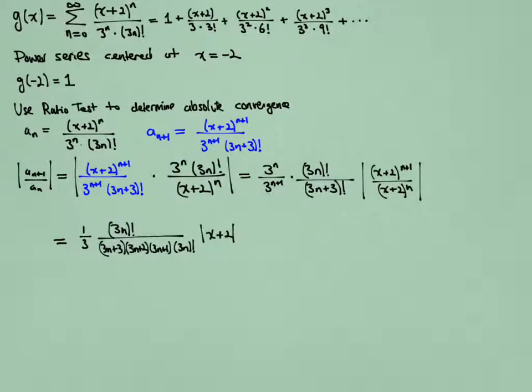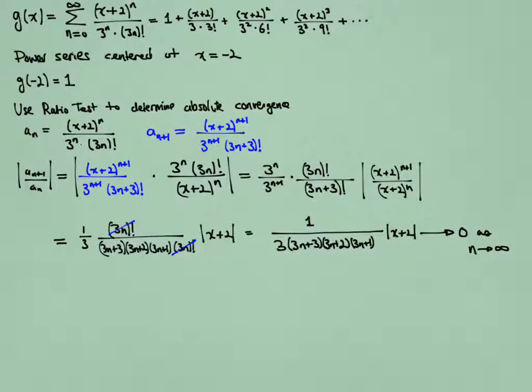And then I cancel the powers of x, and I'll have |x + 2| in absolute value. I must preserve the absolute value here, but it's not necessary in the remaining factors. Doing the canceling, I'll have some rational expression in n, 1 over 3 times these factors that were left in the higher factorial, and then times |x + 2|.